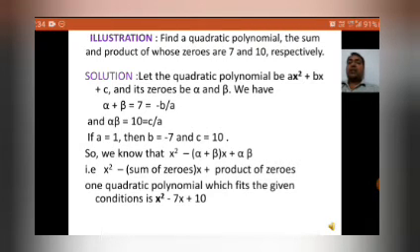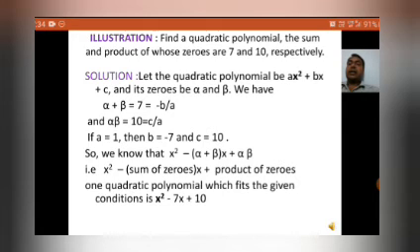Because 10 can be represented as 10 by 1, that is c by a, and c is equal to 10, so a is equal to 1. Similarly, 7 can be represented as 7 by 1, that is minus b is equal to 7, so b is equal to minus 7, and a is 1.